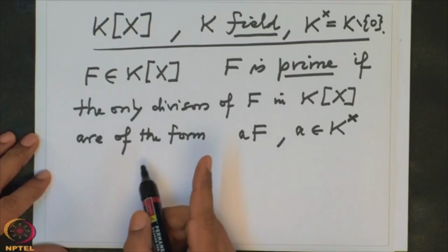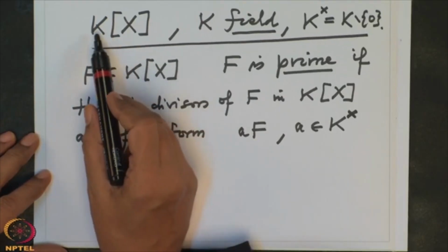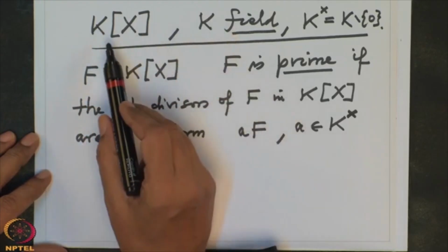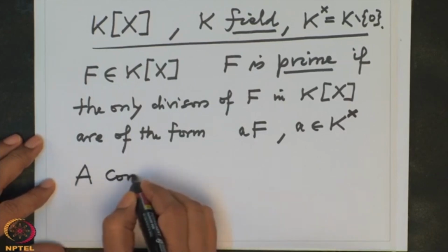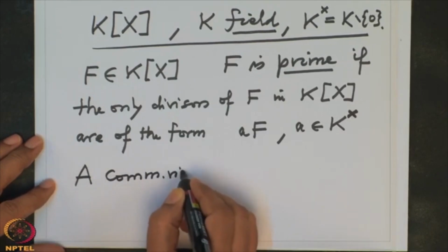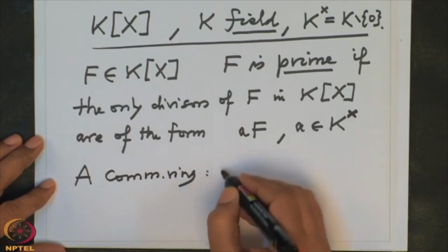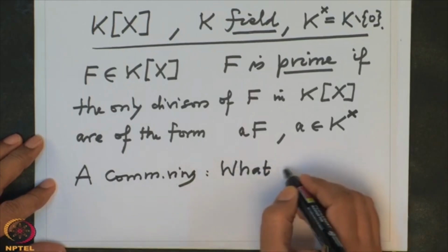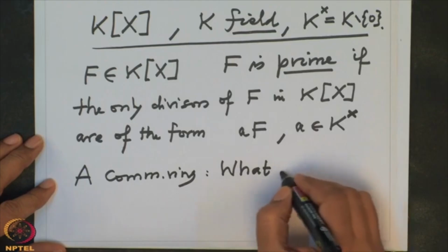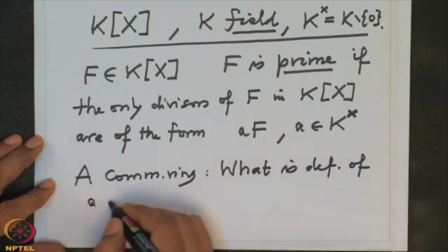This is also not very satisfactory, as I will show you as we progress. This K may not always be a field. So we should really have a definition when A is an arbitrary commutative ring. What is the definition of a prime element?